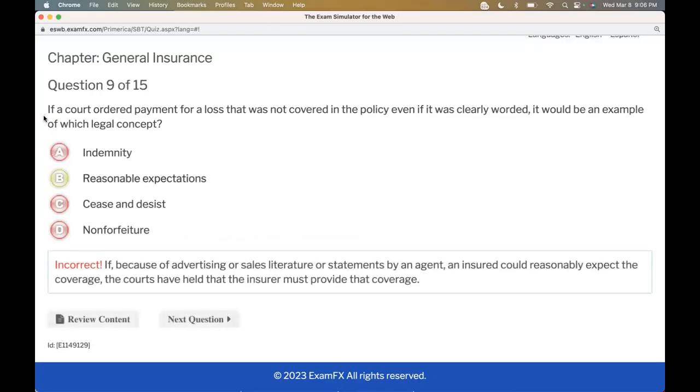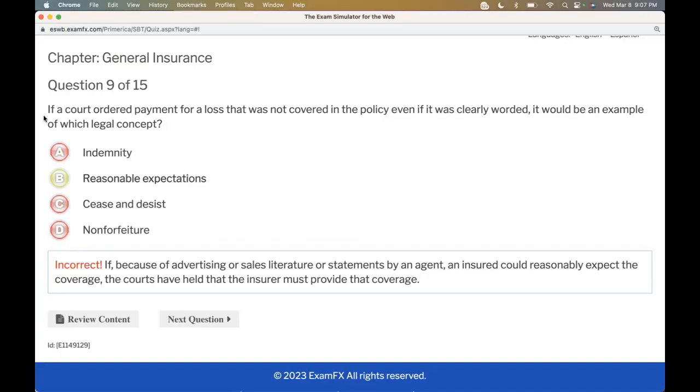I'm gonna go with reasonable expectation. Which one did you go with? I went with A, indemnity. Okay, and I said C. So the answer is B, reasonable expectation. If because of advertising or sales literature or statements by an agent, an insured could reasonably expect the coverage, the court has held that the insurer must provide that coverage.